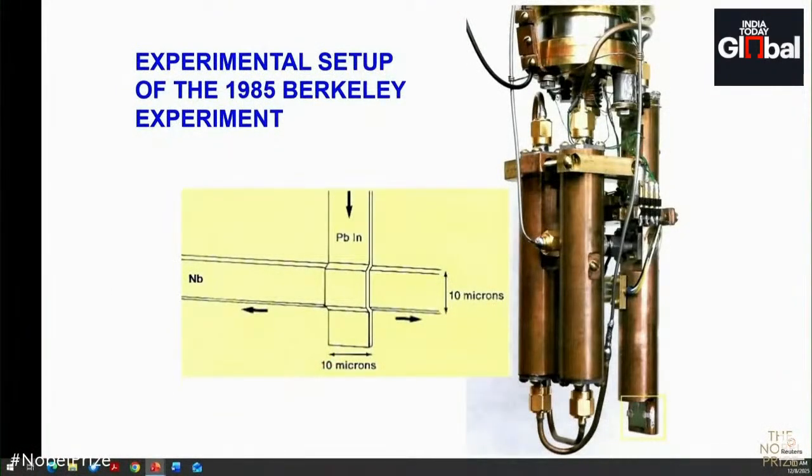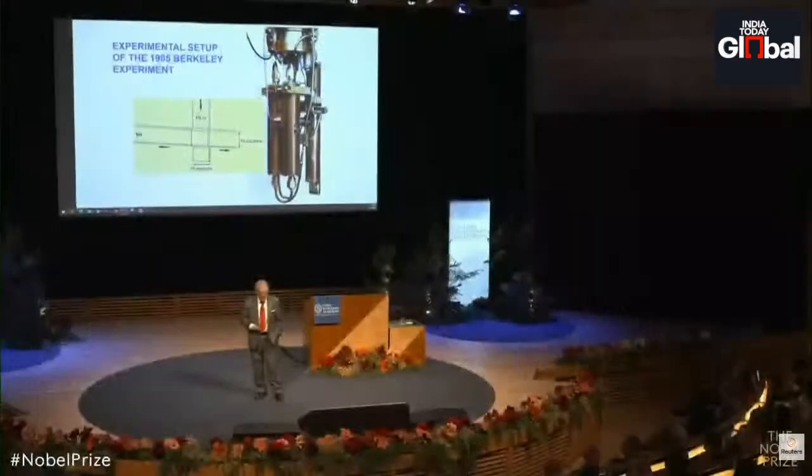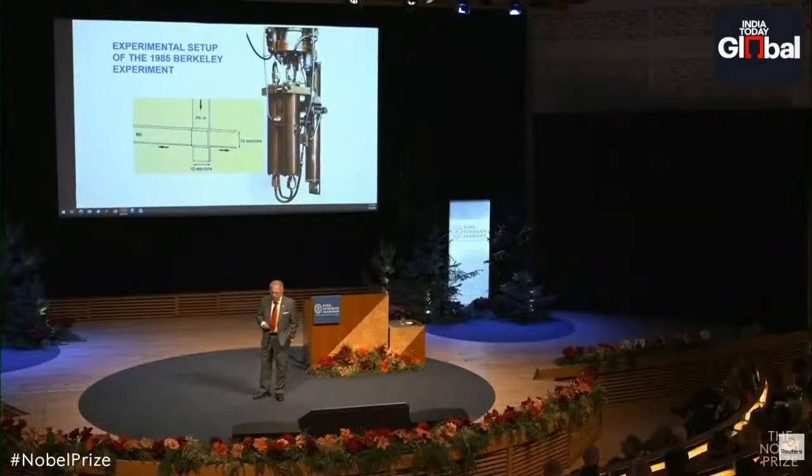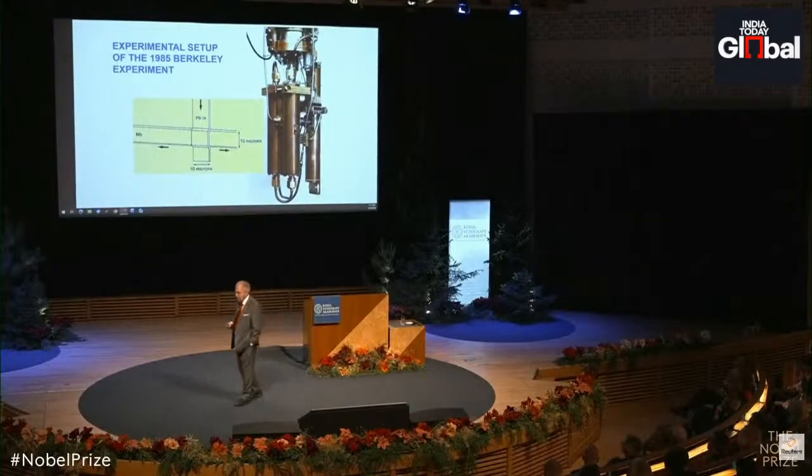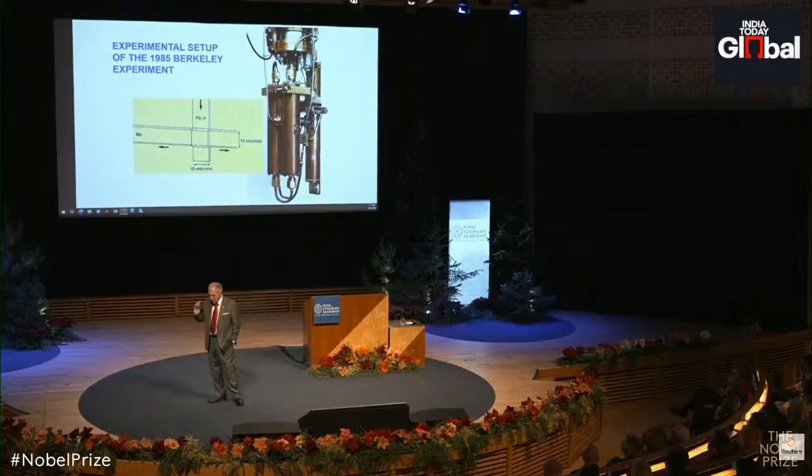It's a niobium lead junction, which has the merit of being superconducting at helium temperature, so we could check all the parameters in situ. These cylinders are actually filters, and they are very important, as John said.